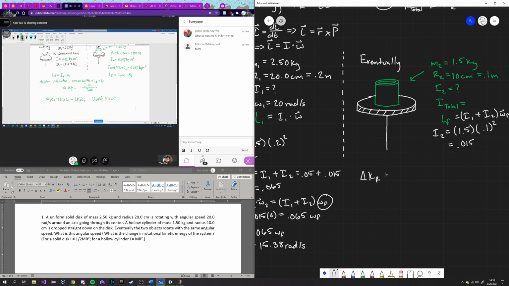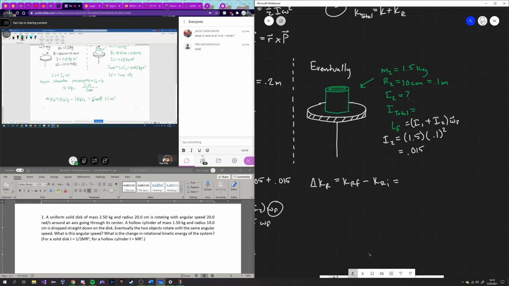And the initial one equals half times I1 times omega 1 squared. So that is the equation for you to get the answer. You will get a minus 2.3 joule in this part. And you can take more time to finish your calculation, and I'm here to see if you need further help. All right?